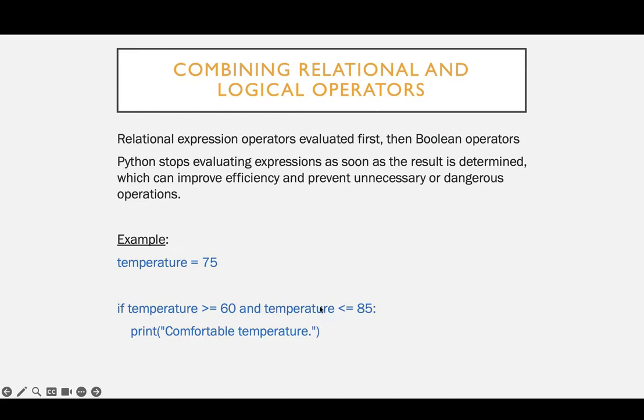Both conditions need to be true, because it's an and. First, we check if 75 is greater than 60. This is true. And then 75 is less than or equal to 85. This is true. So true and true, we cannot stop evaluating because this is an and situation.